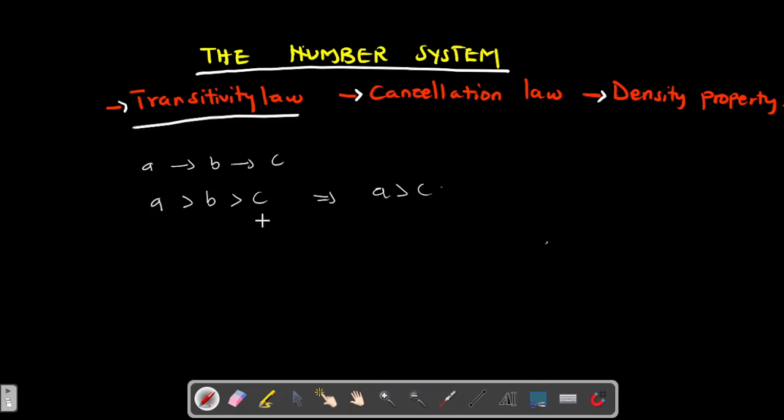That is the whole idea of the transitivity law. And it makes logical sense in mathematics. It helps us, especially in mathematical induction, where you are to prove different types of statements.